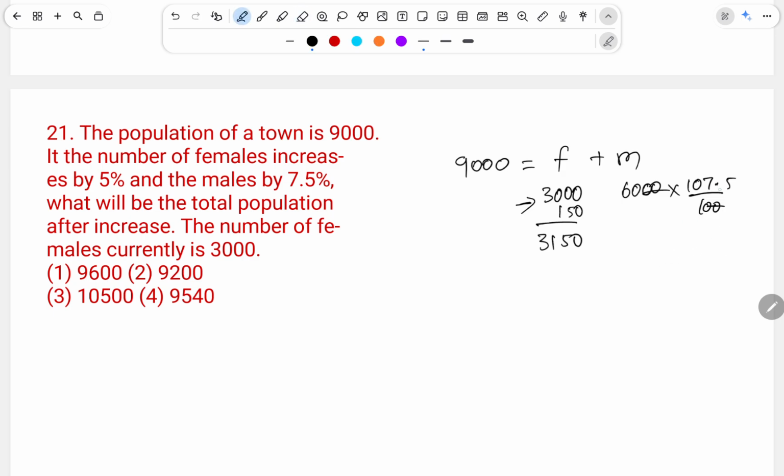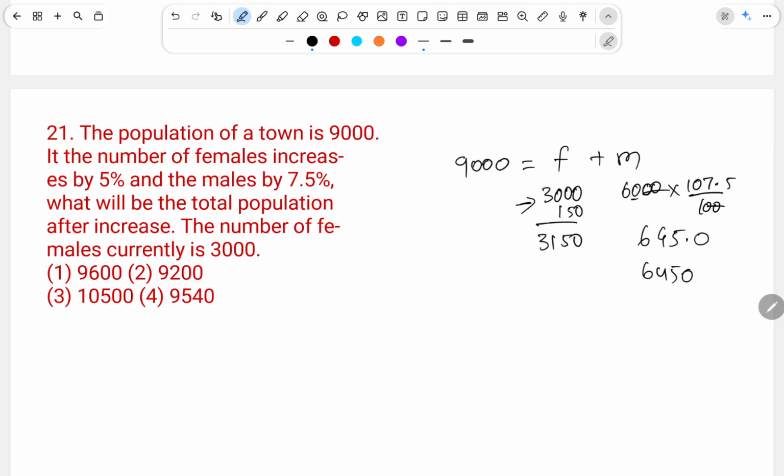One more time: 6 5s are 30. Already 0 is there. So 0, 6 ones are 6, 4 2, plus 3, 45. 645 multiplied by 10 is 6450.